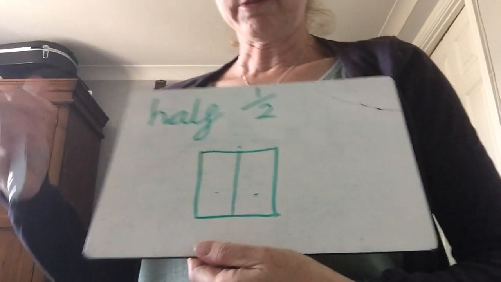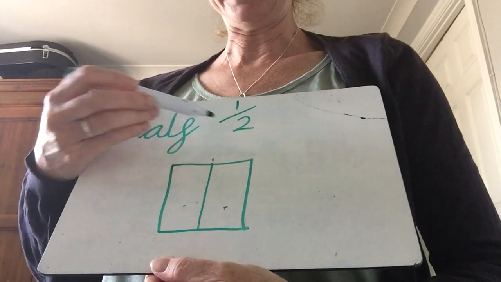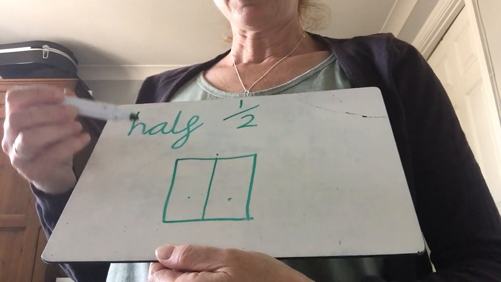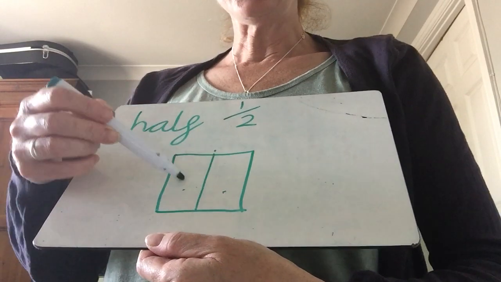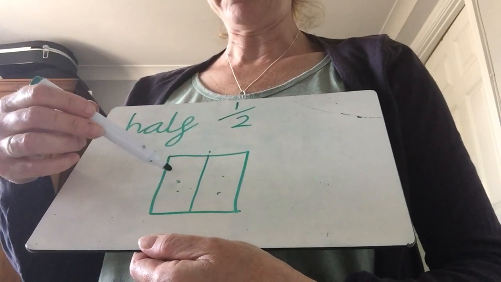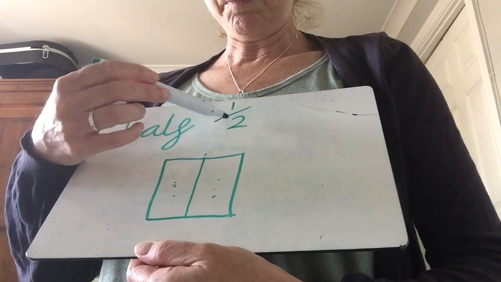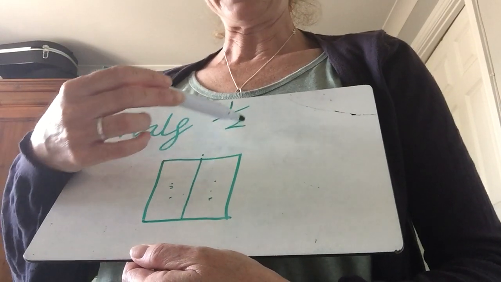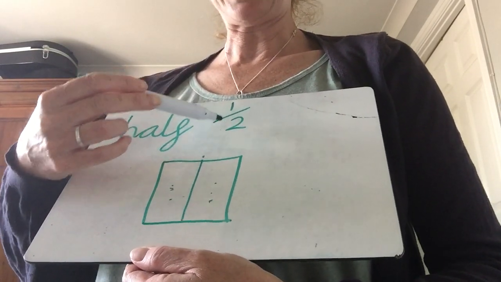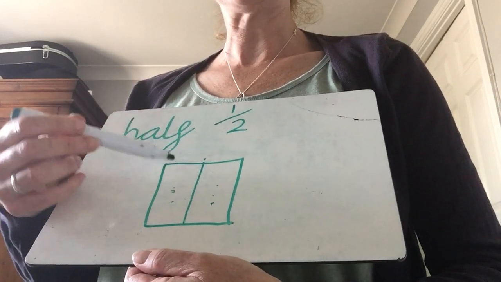Now, the reason half is written like this is because there are two parts. Can you see we've got 1, 2. The bottom number is how many parts we have all together. So we have 2.